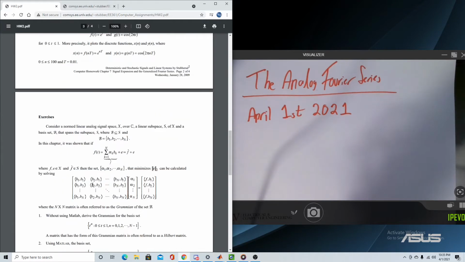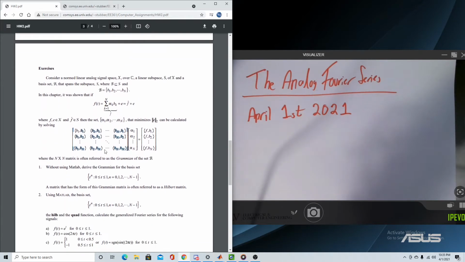I showed you how to get the Gramian and prove it. The alphas are weights: they say how much of each basis function, or the dot product of these, we need.